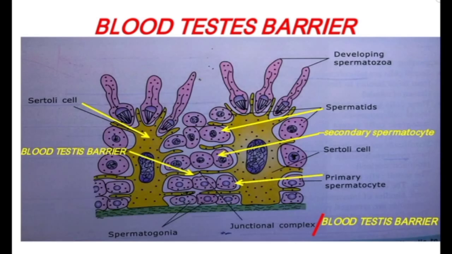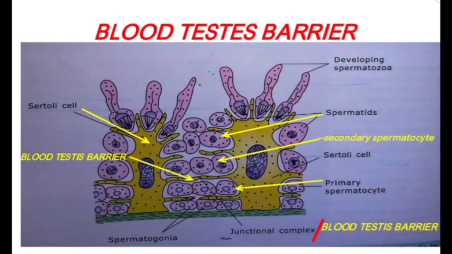The primary spermatocytes lie next to the spermatogonia. They are large cells, 18 micron in diameter, having vesicular nuclei. The secondary spermatocytes are smaller cells. They arise from a primary spermatocyte as a result of the first meiotic division, as I have said, and they are present in the adluminal compartment, away from the blood stream, as there is a blood testis barrier.